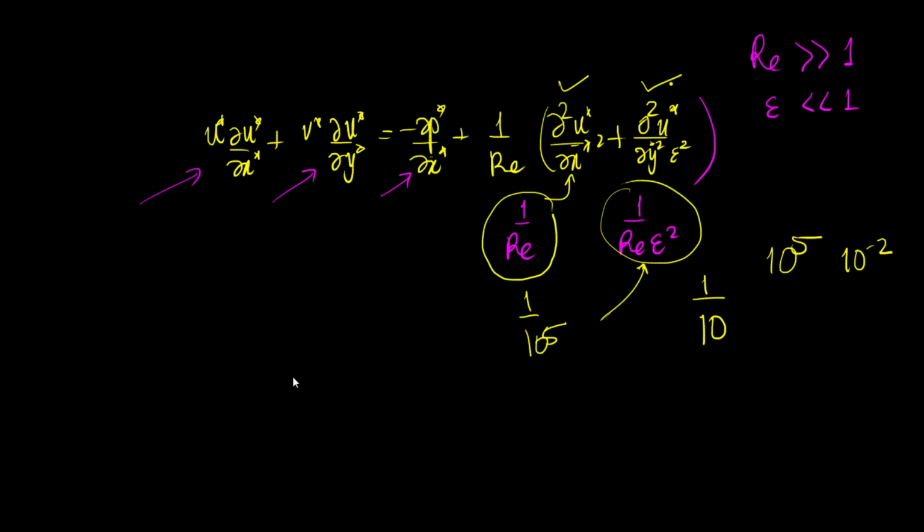So if we approximate this equation, minus del p star upon del x star plus 1 upon Re epsilon square del 2 u star upon del y star 2.